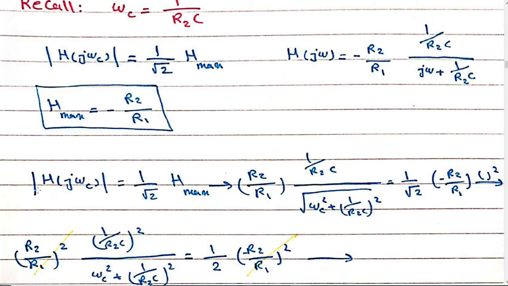So how about the magnitude of the transfer function at omega c? What is the magnitude of this function? The magnitude of this one is R2 over R1. The magnitude of this one is 1 over R2C because this is real. How about the magnitude of this one? This is a complex number. What is the magnitude?